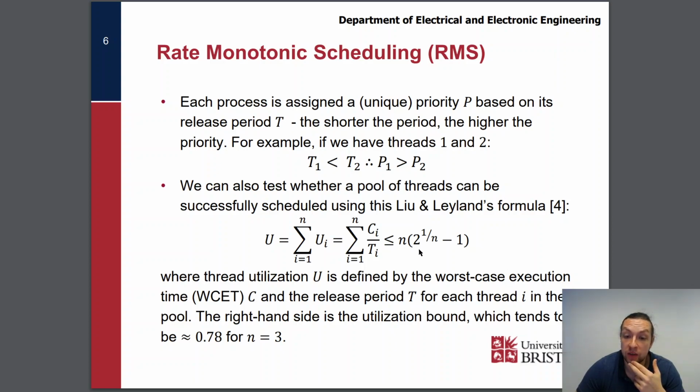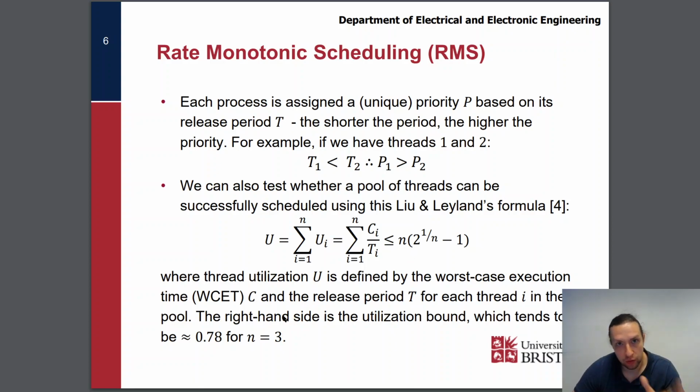The utilization is defined by the worst case execution time, C, divided by the release period, right? So this basically means how much of the compute resources the thread needs to occupy at a given time slice, right? So we calculate the sum of all of these for each thread in the pool.